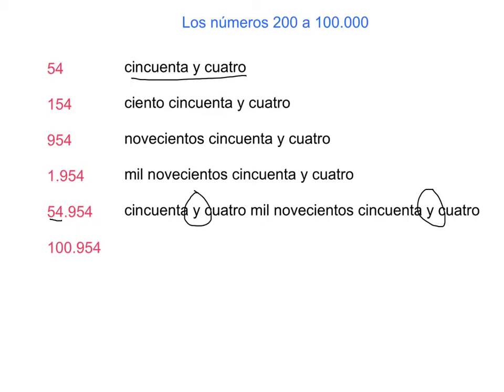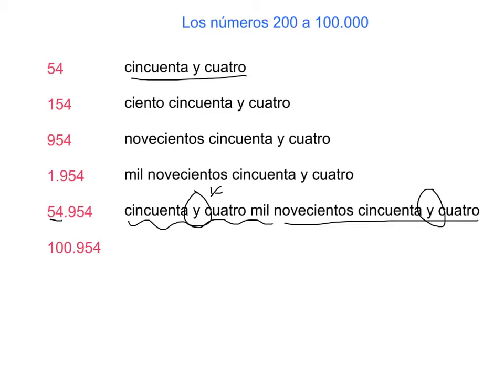So keep in mind that if we want to say 54,000, we have to say 54,000. How many? We have 54, and we know that this is the correct way to say 54. And then we just add the rest. 54,954.